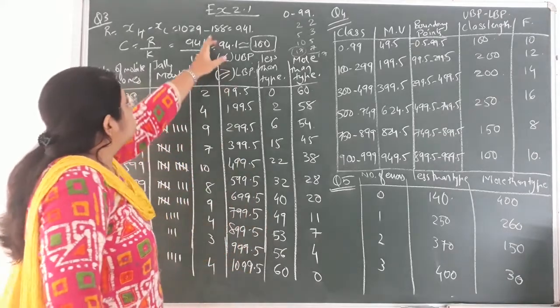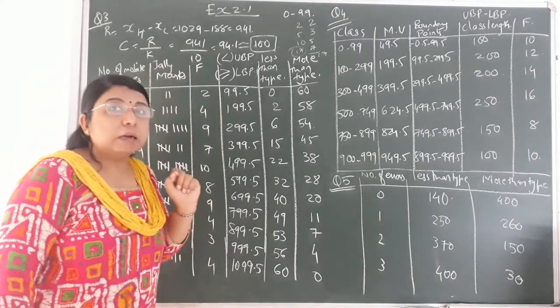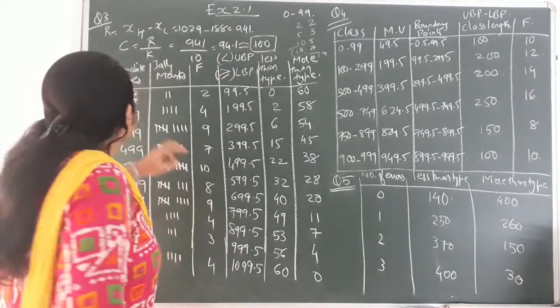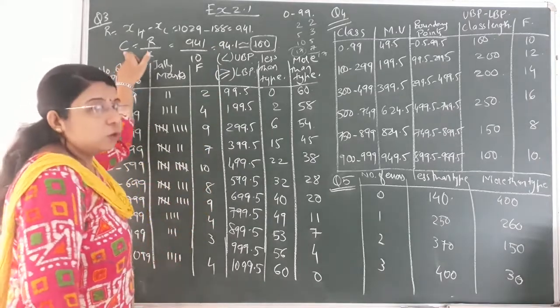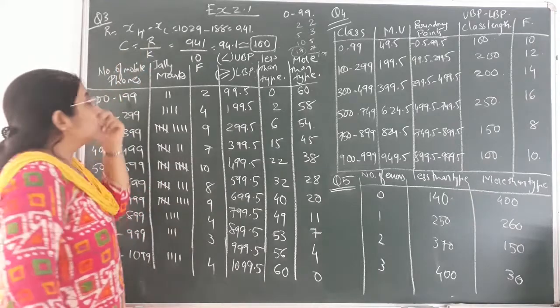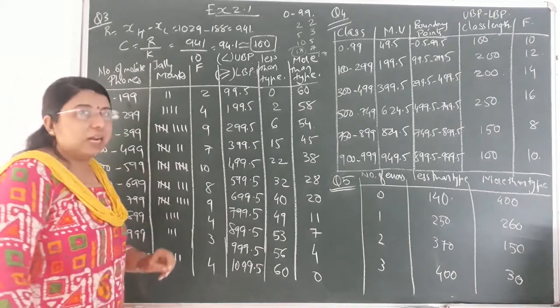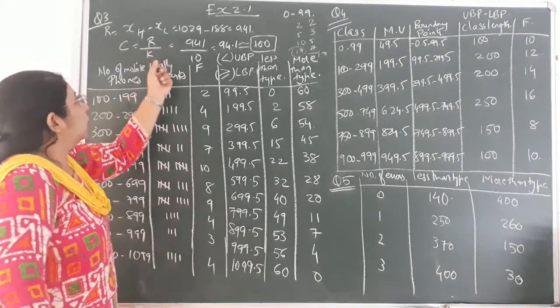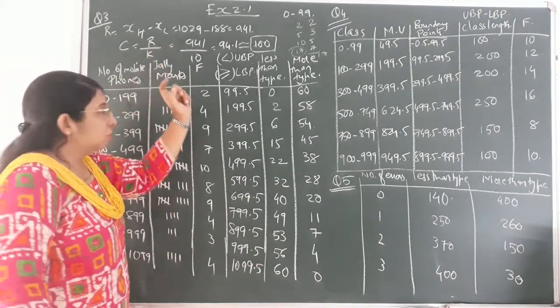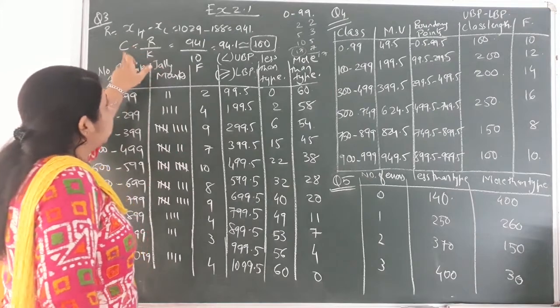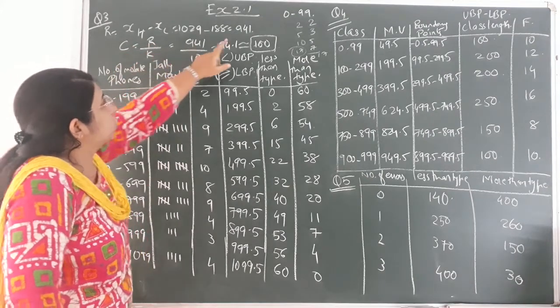From the range we have to decide the class length. This formula also we had discussed in the previous video lecture, that is class length is equal to range upon number of classes, range upon k, k means number of classes. So C, that means class length, is equal to range. What range have we got?